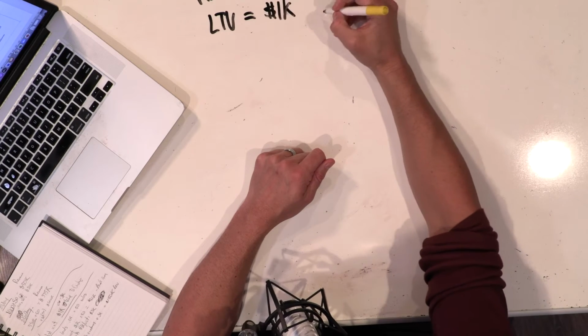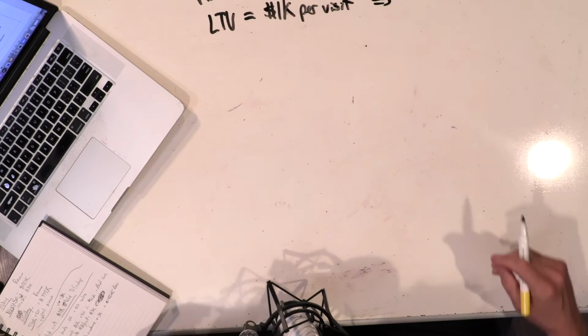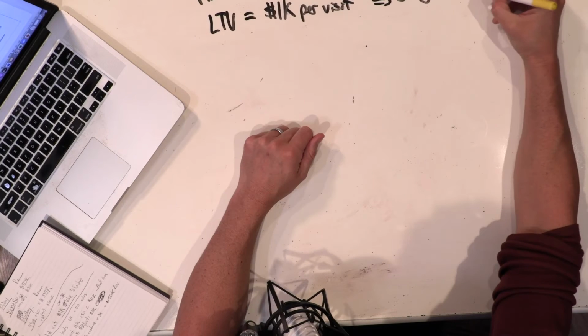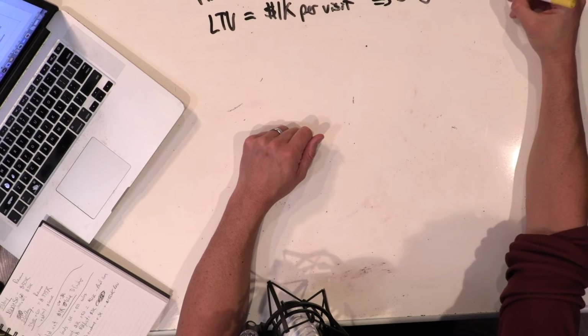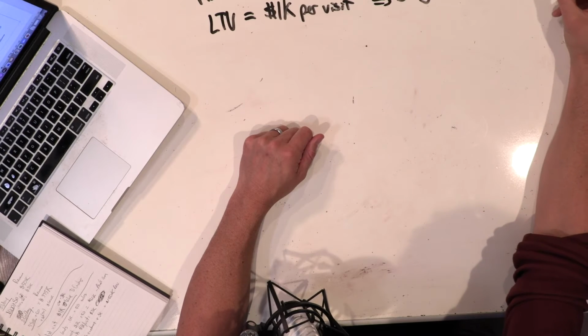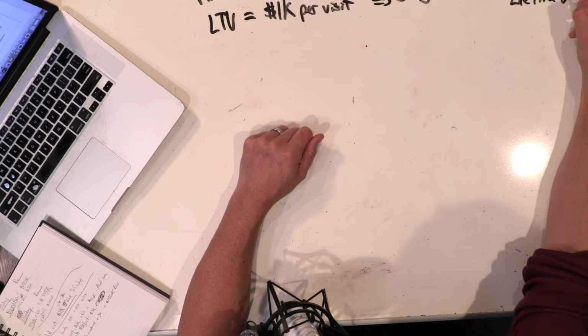And let's say when a plumber gets a sale, they're on average going to get at least 3 visits from that customer. If they go there 3 times, then 3 times $1,000 is a $3,000 LTV, lifetime value. Boom.